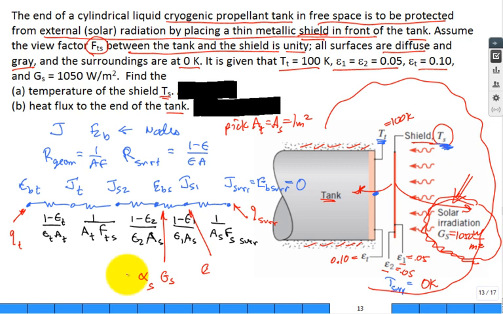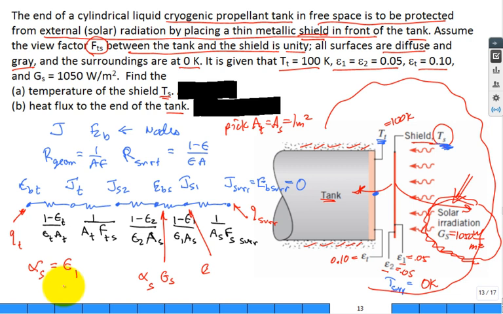Do they give us a solar absorptivity for this problem? No. If you had to guess one, what would you guess? It would be the shield emissivity. A guess would be the solar absorptivity of the shield would be epsilon 1 from Kirchhoff's law.